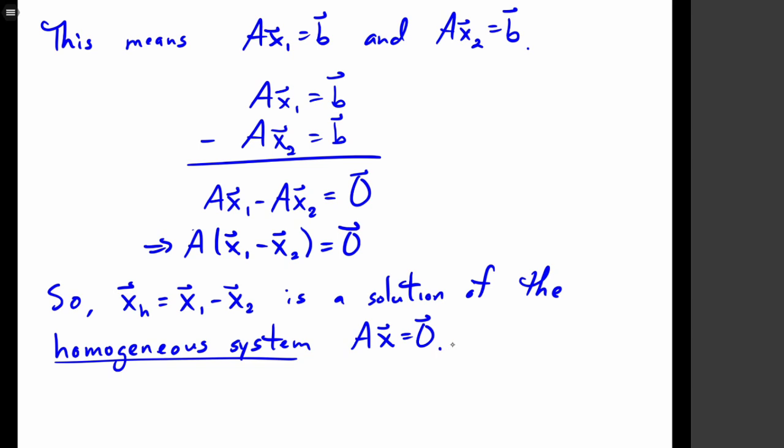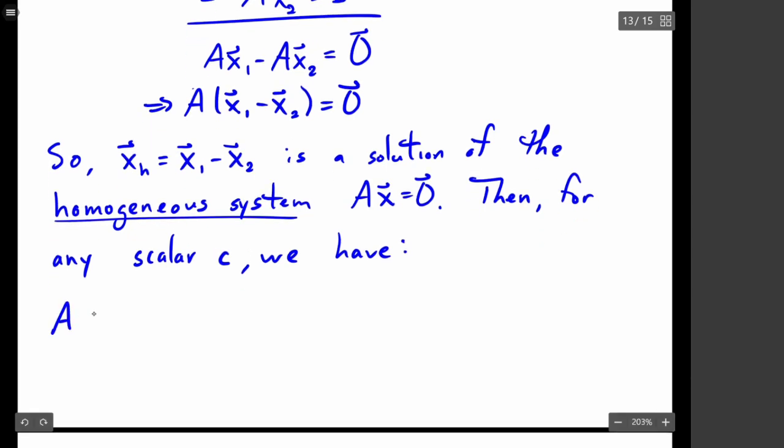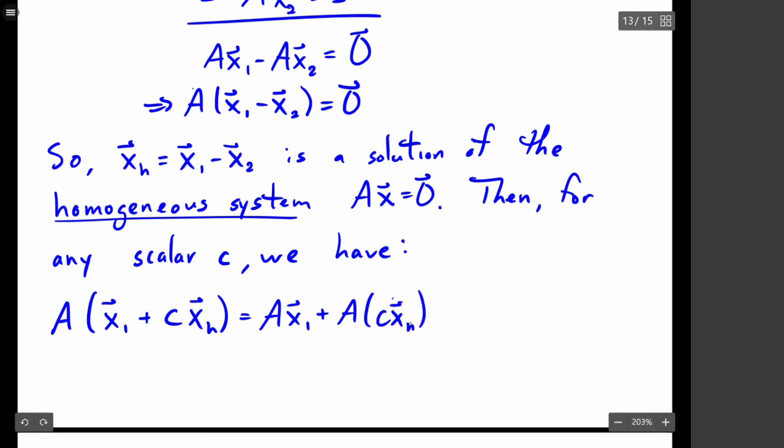Then for any scalar c, we have A times (x1 plus c times x sub h), the vector x1 plus a constant multiple of the homogeneous solution we made earlier. If we distribute, that's Ax1 plus A c xh, and I can factor out that constant. This part right here is just equal to b.